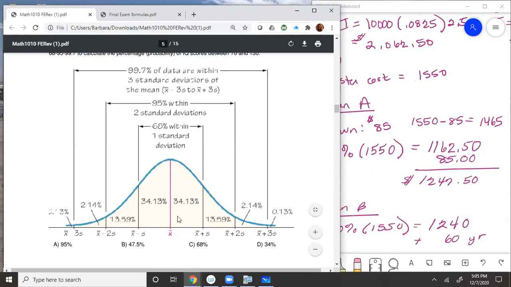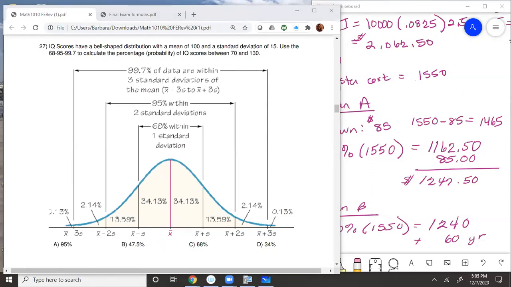Okay, so for IQ scores between 70 and 130, I'm going to annotate my screen, so I think it'll be easier. They're telling us the mean is 100, so I'm going to put that right here where my X bar is. The standard deviation is equal to 15.